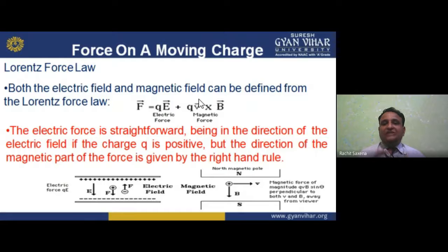These two added give the force. The force is applicable when the magnetic field is perpendicular to the electric current and to the force, and the direction is given by the right hand rule, like this.